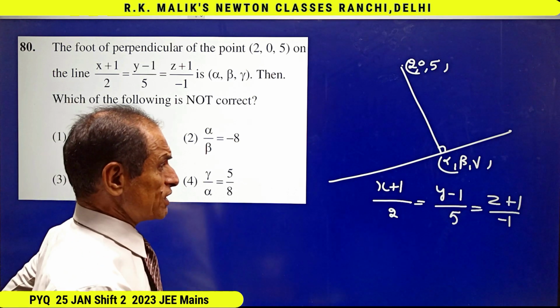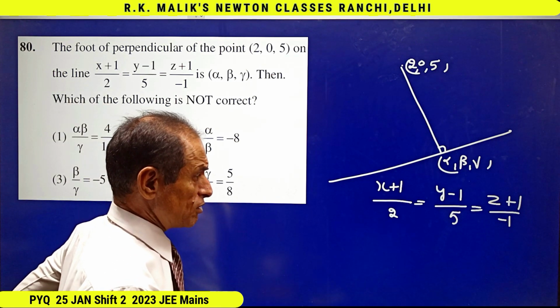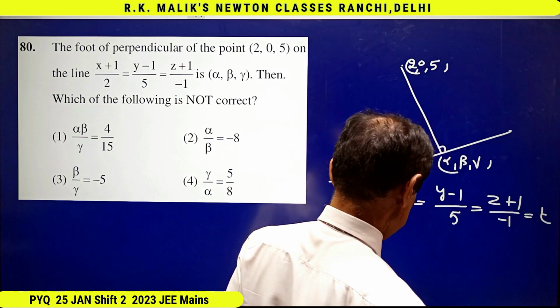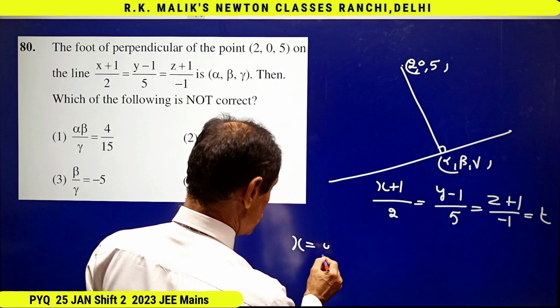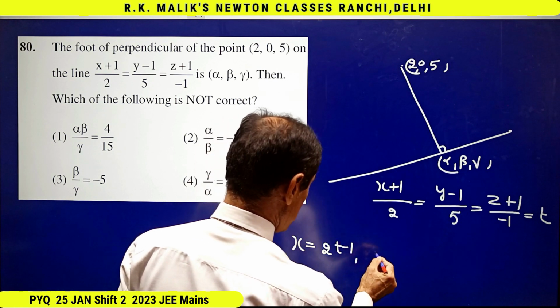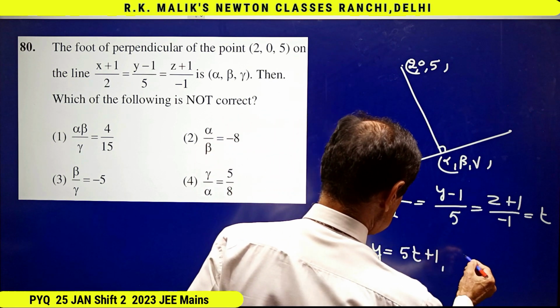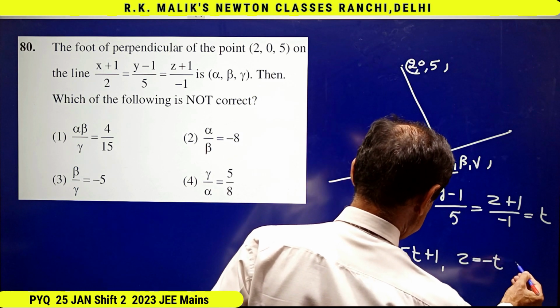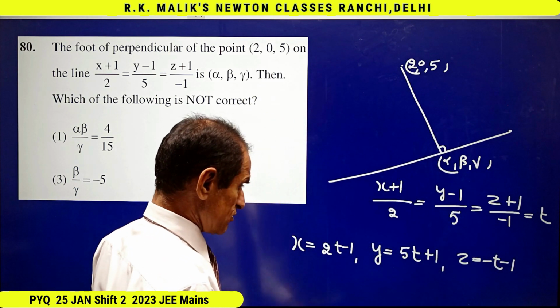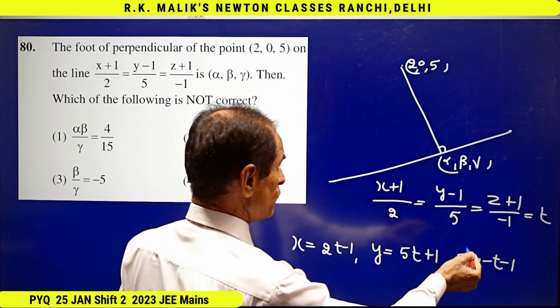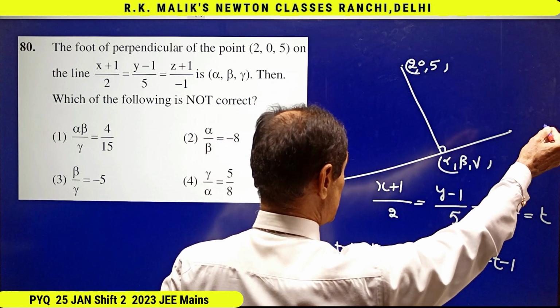It's very easy to find the values of alpha, beta and gamma. To find them, let the ratio be equal to t, then x is equal to 2t minus 1, y equal to 5t plus 1, z equal to minus t minus 1. It's clear that whatever the value of t, this point will surely lie on this line.